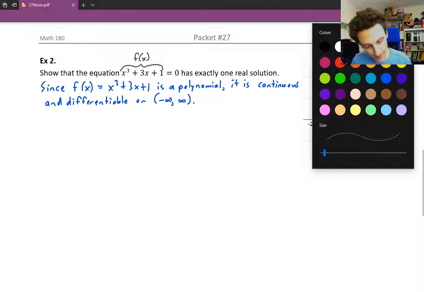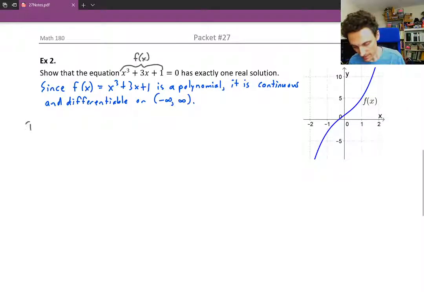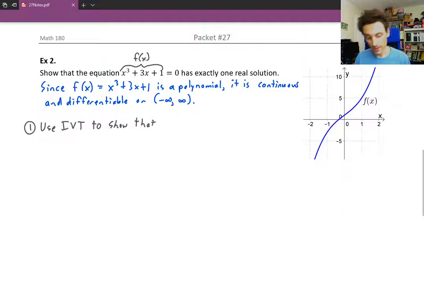Now, the first step is going to be use the intermediate value theorem, IVT for short, to show that f has at least one zero.